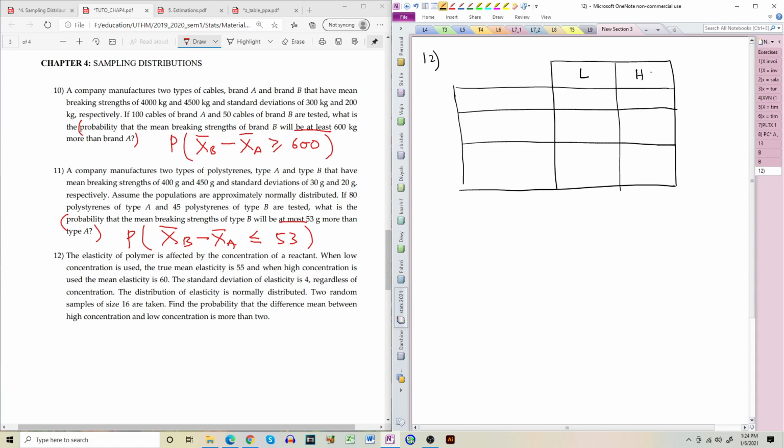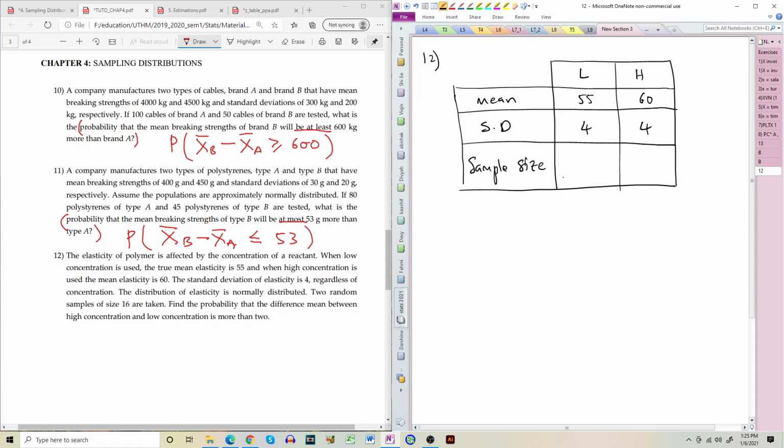Low, high concentration, mean, standard deviation, sample size: 55, 60. The standard deviation is 4 regardless of the concentration, low and high is 4.